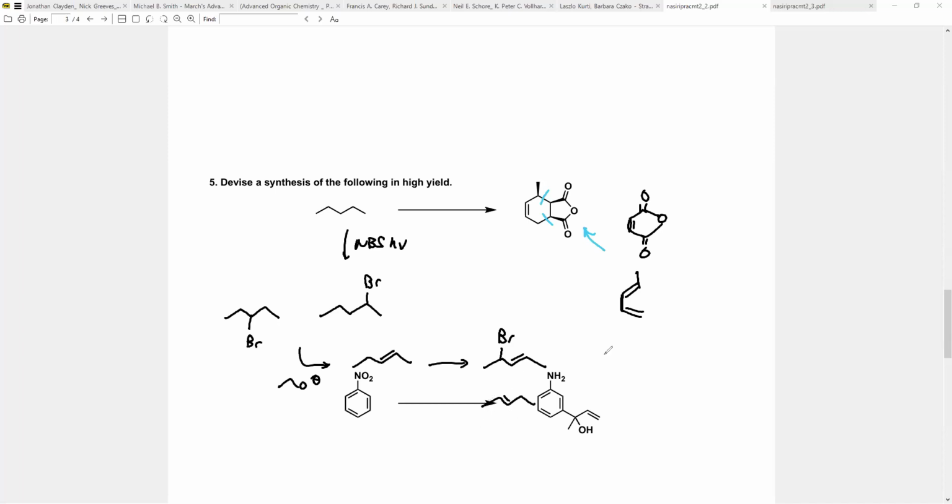So lucky us. And then we'll just do a bulky base elimination now. You can still use a small base actually, because this proton is still going to be preferred in the elimination. Actually, there's only one proton, so you're not gonna get a substitution. So whether you use bulky or small, it's really up to you, but either one will work. And there you go. So Diels-Alder, pretty easy, right?